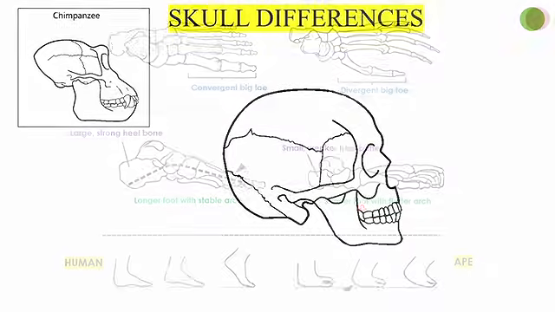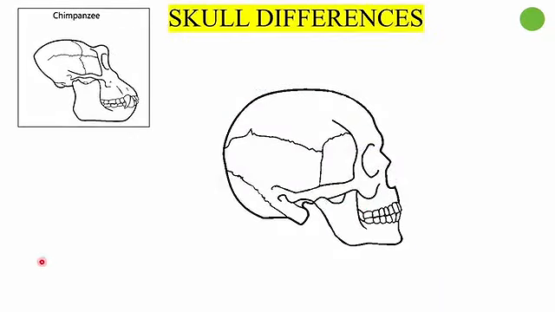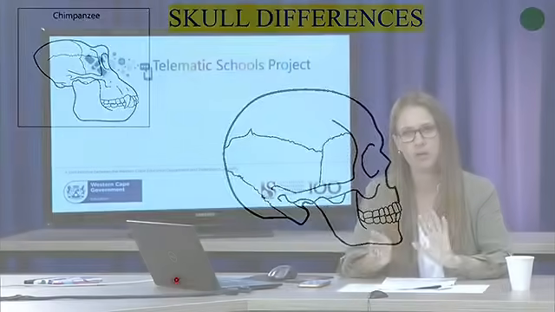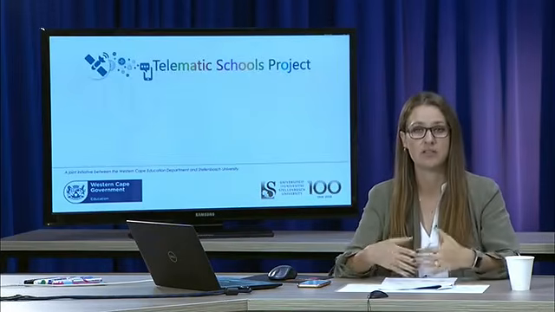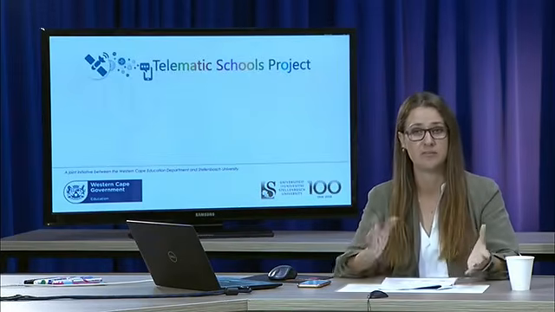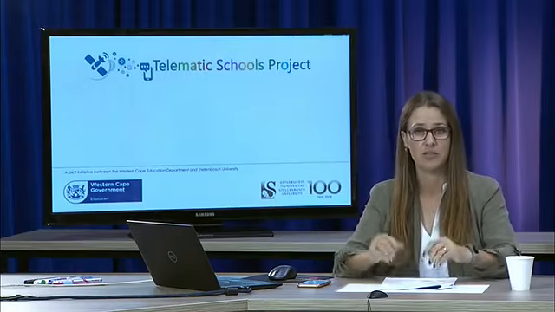Right, in a test or exam situation, you might be asked a question where they have different types of skulls. It might be between a chimpanzee or gorilla or a human, or it might be between our hominin ancestors. So they could put an Australopithecus africanus on top and a Homo sapiens, and they can ask you questions based on observable differences between the skulls that have been issued to you.